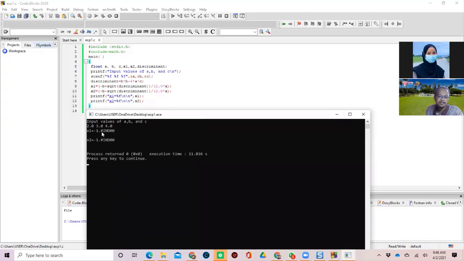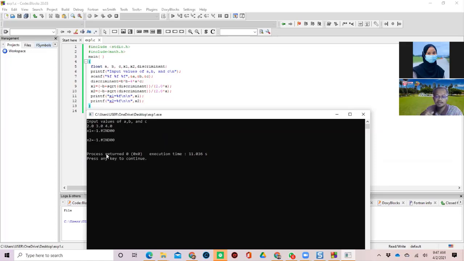This indicates the compiler is giving you a wrong message, meaning a logic error. The discriminant is a negative number. The square root of a negative number cannot be given a value in C, because it is a complex number. So to avoid this situation, we need to use an if statement.